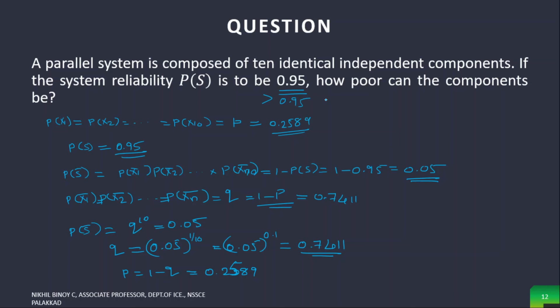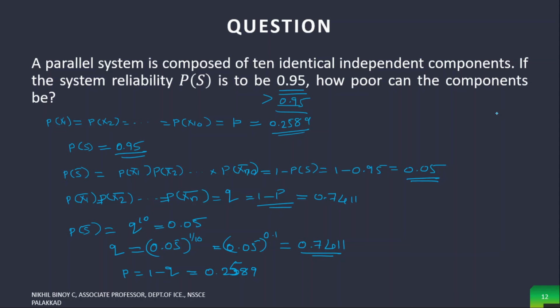That one is an advantage. If somebody is demanding a system reliability of 0.95, then you can select a component with reliability greater than or equal to 0.2589, because if it is 0.2589, the system reliability will be 0.95. So if the component reliability is greater than this value, then definitely the system reliability will be greater than 0.95. That one is an advantage.